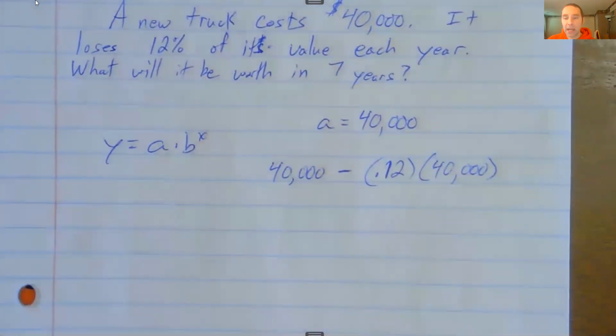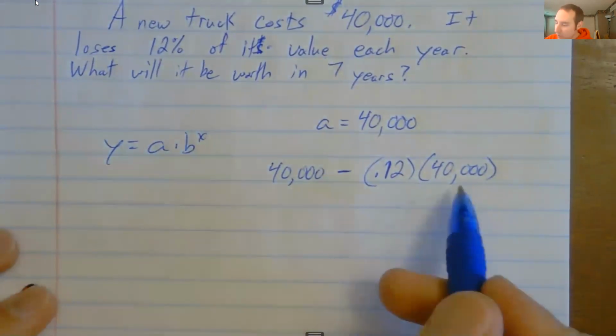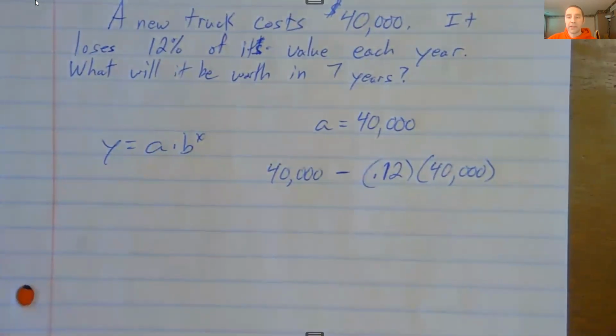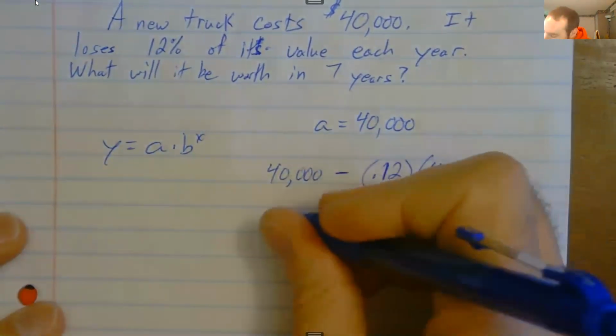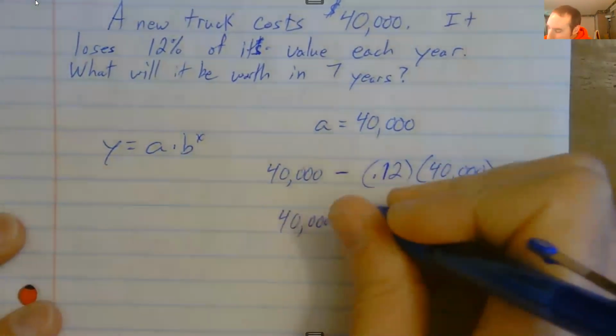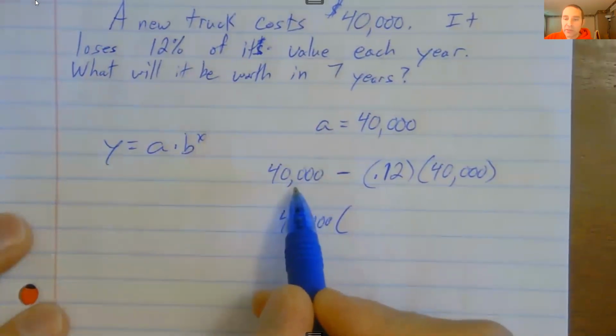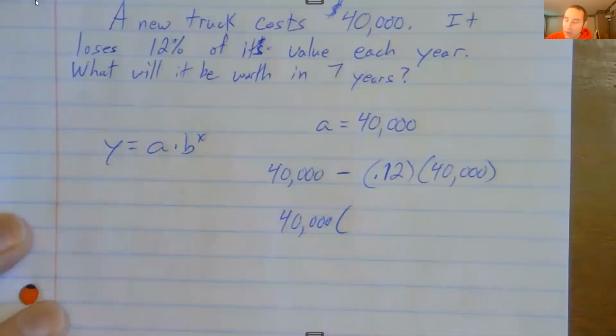I could work on my calculator to try to figure out what 12% of 40,000 is. However, to really figure out what that multiplier is, I'm going to do a little bit of algebra where I factor out a 40,000. So this is like reverse distributing. When I factor out a 40,000 from 40,000, when you divide that out, you're left with a 1.